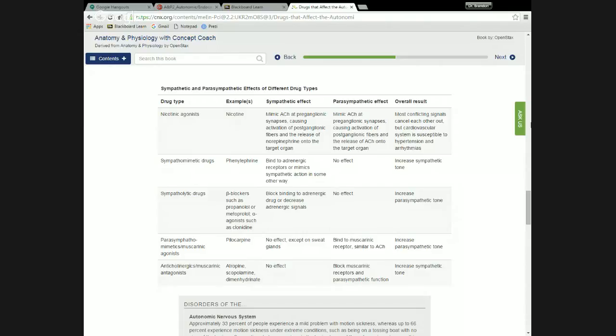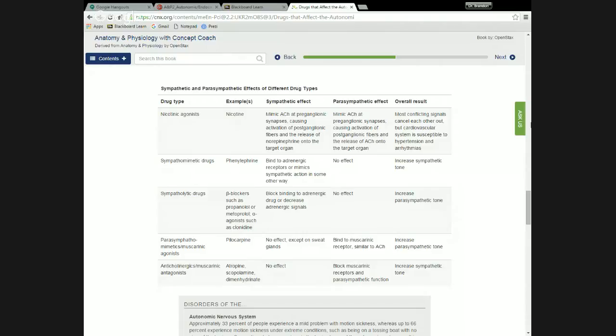Blood vessels are a little bit different. We usually think of the sympathetic side as causing an increase in blood pressure. We don't think of the parasympathetic division on the other side causing a decrease, because blood vessels generally don't get parasympathetic input. Some do, but not all of them.